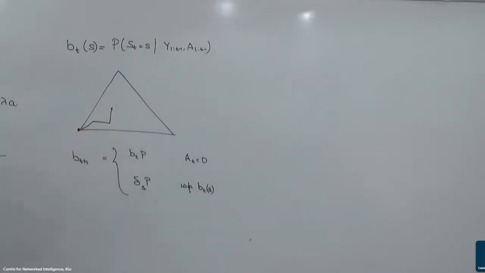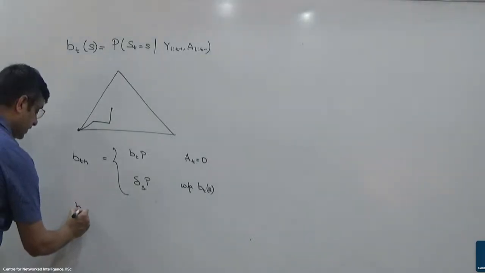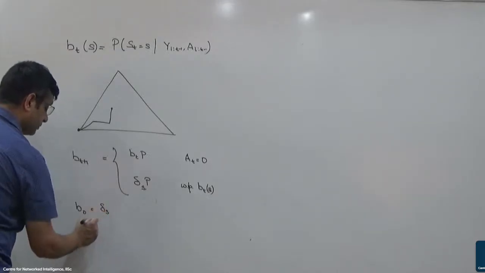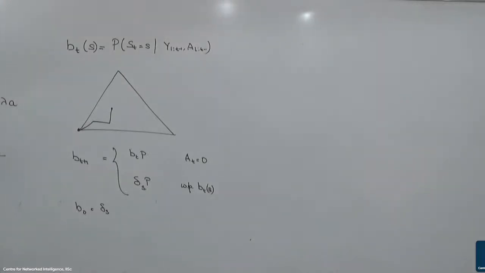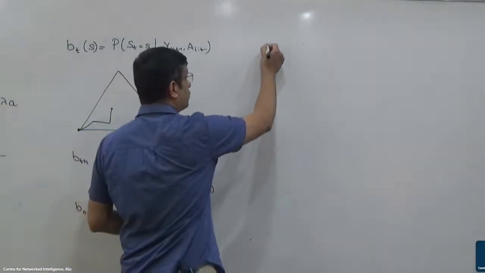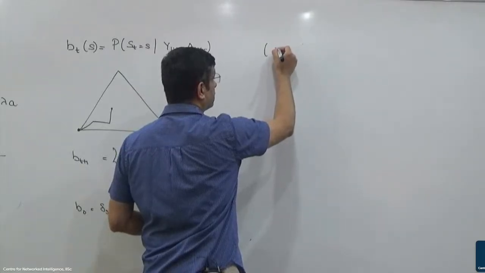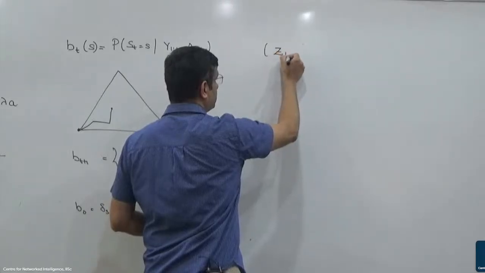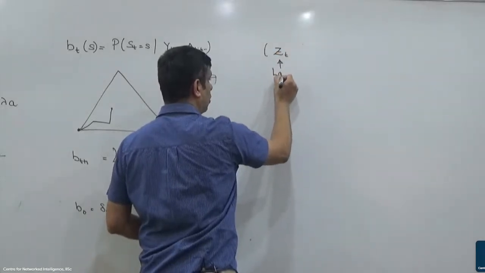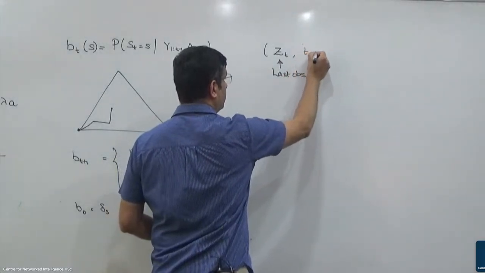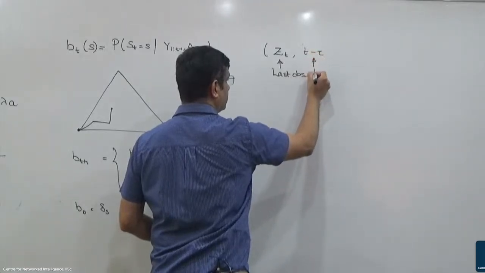Okay. So if I make an assumption that B0 is a delta function at one of the states, then what is really happening is I can capture everything about this belief in terms of what was, let me call it ZT, the last observation, and t minus tau, the time since the last observation.